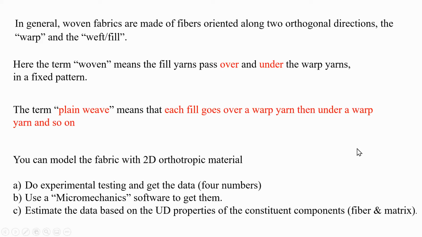Remember, for a unidirectional ply, you give Young's modulus, or modulus in the longitudinal and transverse directions. You have a Poisson ratio in the plane of the ply, and then G, the shear modulus in the plane of the ply, and then two other moduli which are perpendicular. You need those numbers for a fabric.